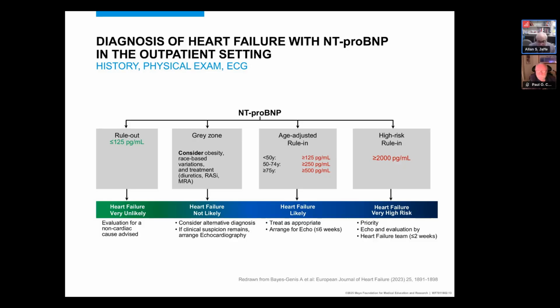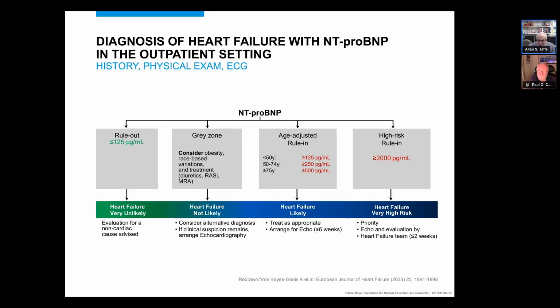And despite that, we'll talk about some of the issues that are terribly important in regard to how we use natriuretic peptides. The heart failure group has suggested that if you had a value in a person who is walking around in the outpatient setting, that using a value of 125 makes heart failure itself, symptomatic heart failure, unlikely.